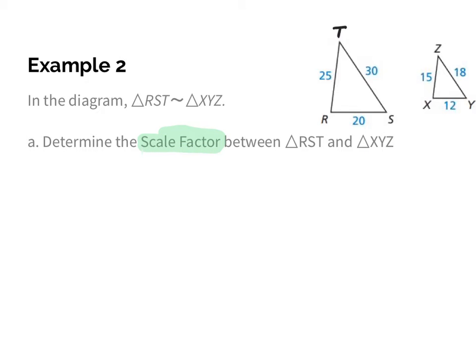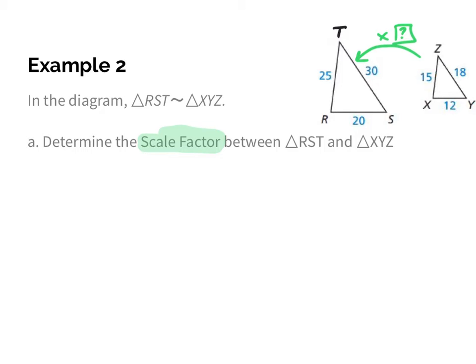The scale factor represents how many times bigger that larger triangle is compared to the second one. So let's say, and this kind of goes back to last section, that I want to find how many times bigger RST is compared to XYZ. Obviously, they're the same shape, but they're different in sizes.